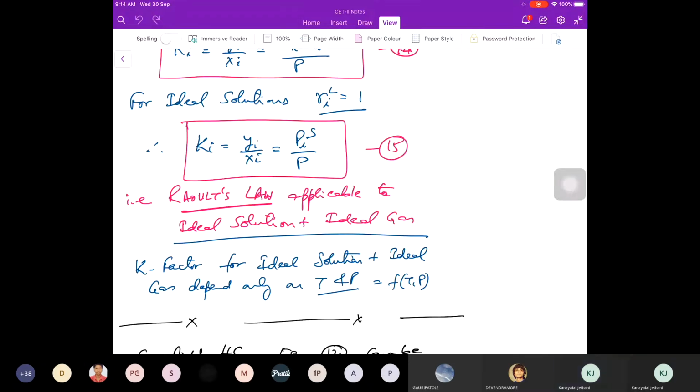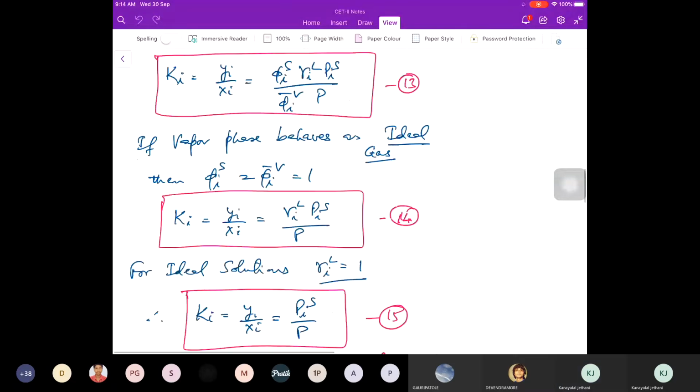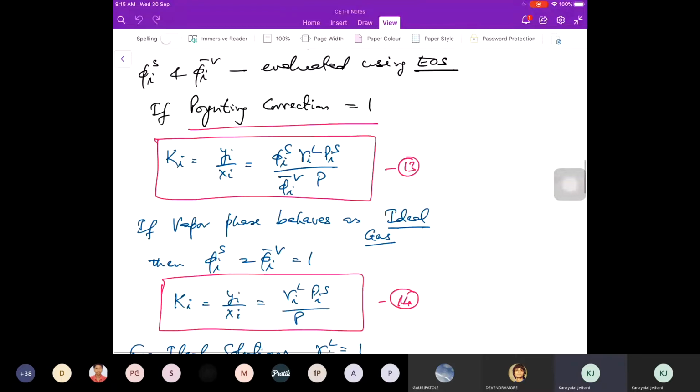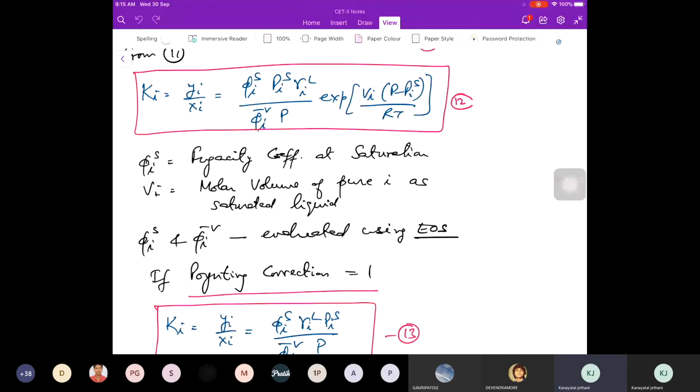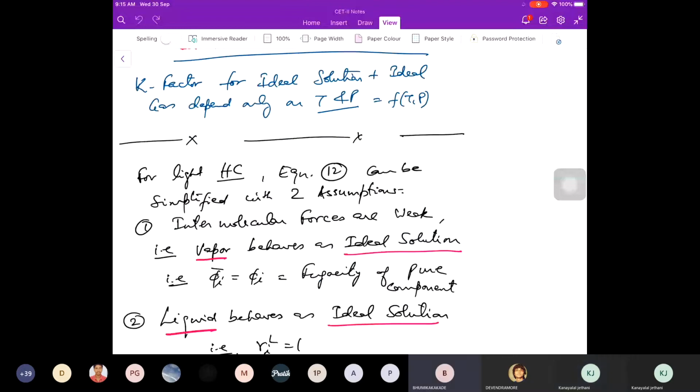Okay. So for light hydrocarbons, equation 12, this was the general equation which we simplified. It can be simplified if you have two assumptions: that intermolecular forces are weak.